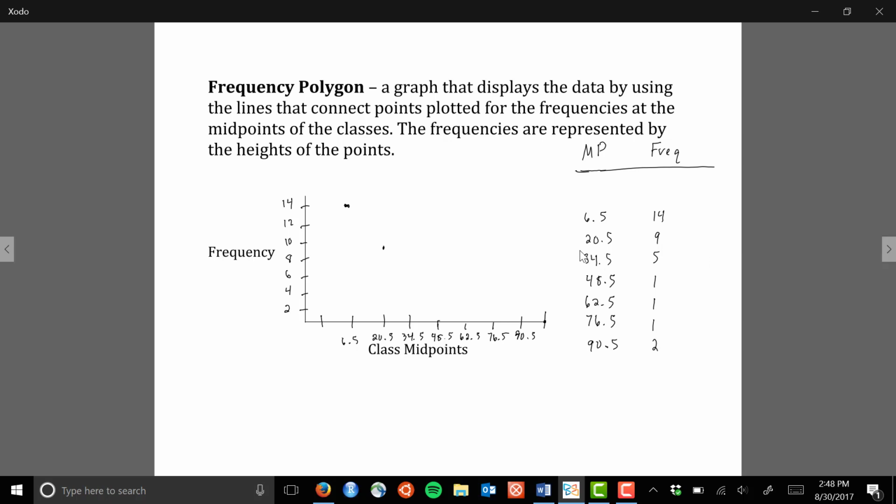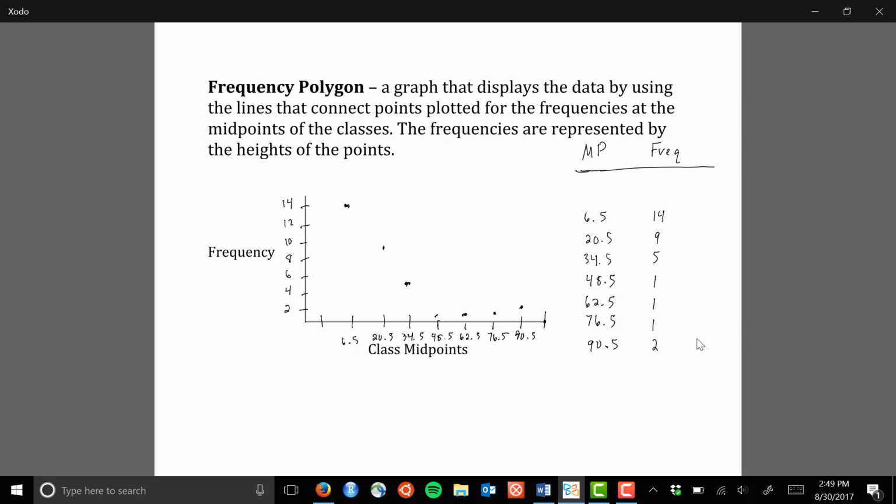The next dot is going to have a midpoint of 34.5 and a frequency of 5, which corresponds to a dot around there. The next 3 dots have midpoints of 48.5, 62.5, and 76.5, but the same frequency of 1. So I'm going to put 3 dots in a row at those midpoints. And lastly, I want to place a dot that corresponds to a midpoint of 90.5 and a frequency of 2, which is about right there.